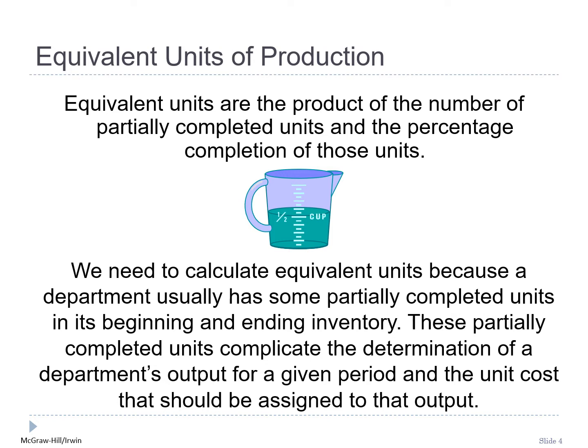If you look at the slide, equivalent units are the product of the number of partially completed units and the percentage completion of those units. Since we do not account for 100% of the actual units for one particular department, they do not become 100% complete in department A, so it is difficult to compute the cost per unit.